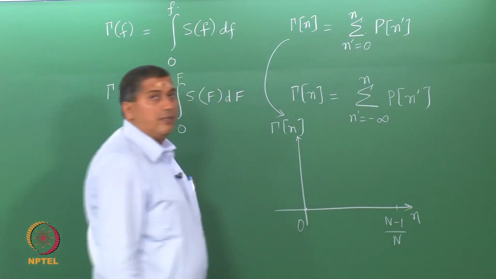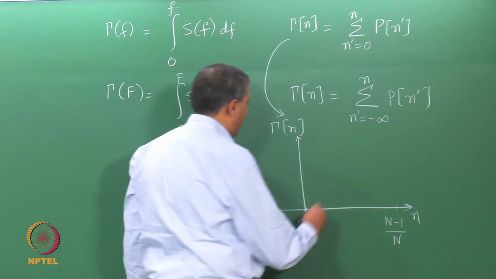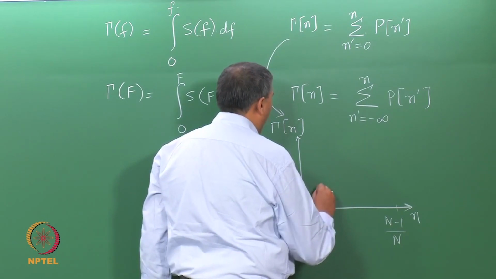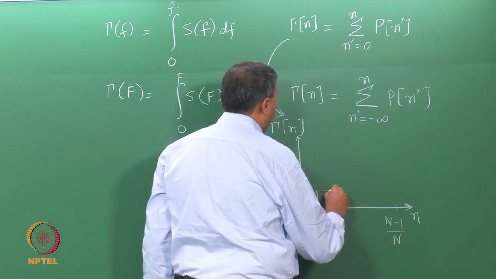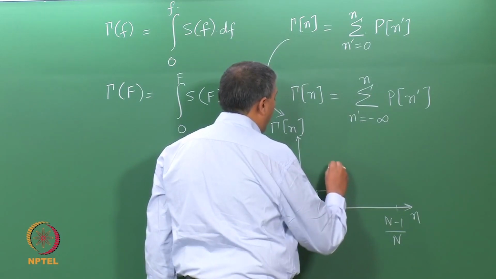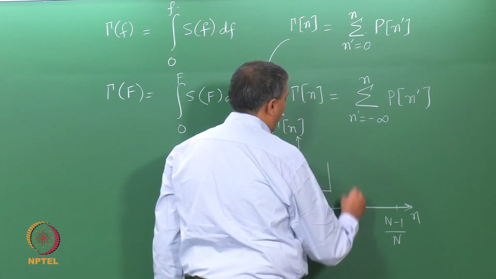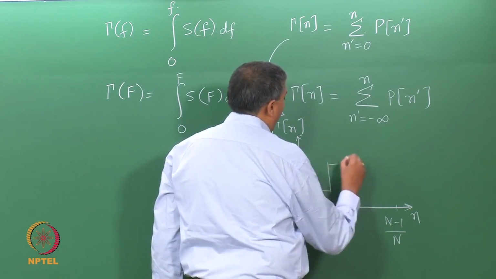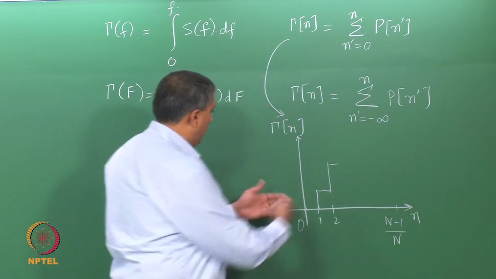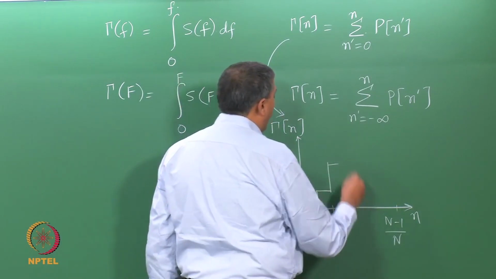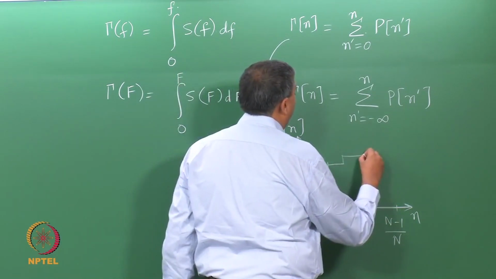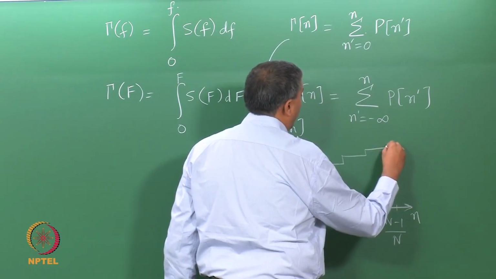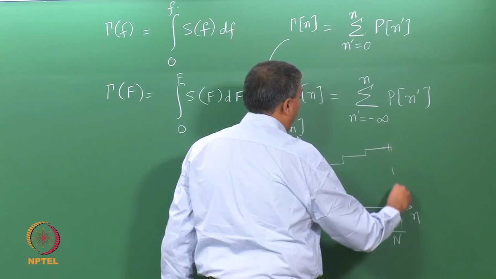Assume that the signal has no power at the 0 frequency, which means its DC component is 0. Then this is n equals 1. At this point I have a jump and I have 2 here and so on. The jumps of course need not be identical at every n. Depending on the nature of the frequency distribution, these magnitudes will change, but overall you will see a step-like shape for the spectral distribution, and it saturates here.